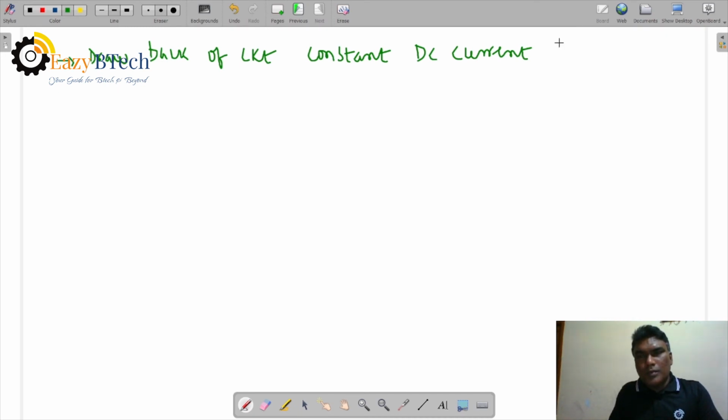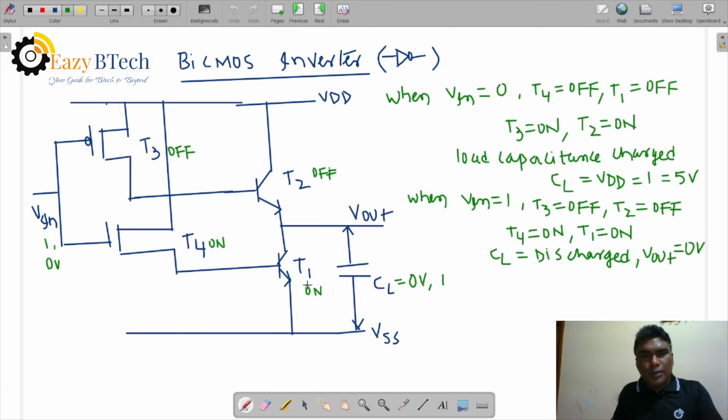from VDD to VSS through the transistors. What is this? T4 to T1.